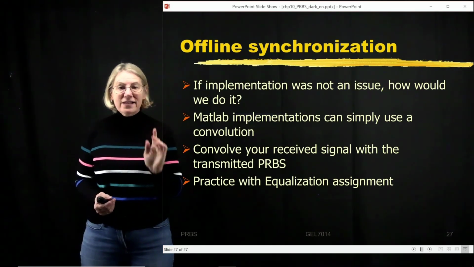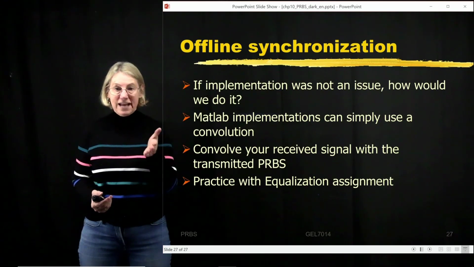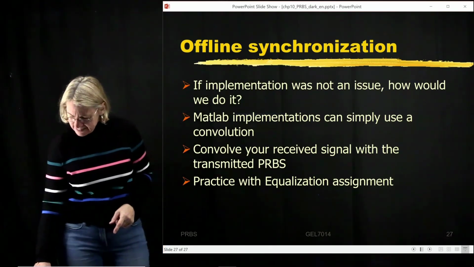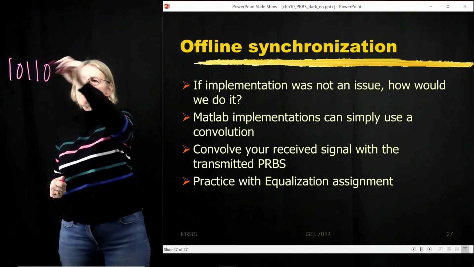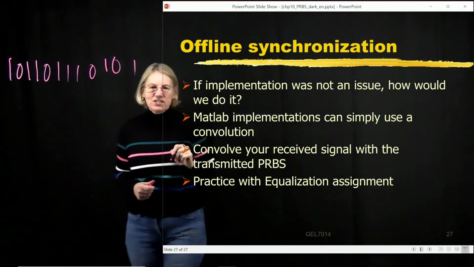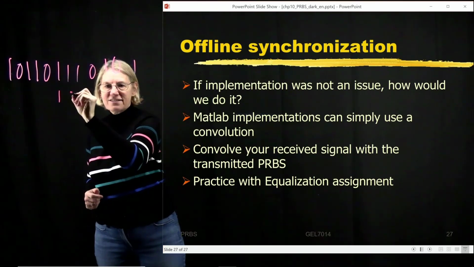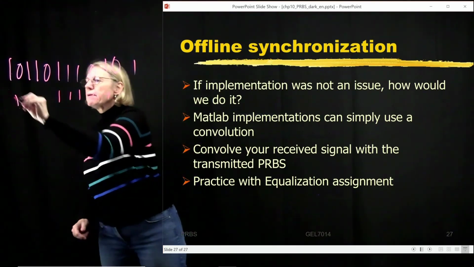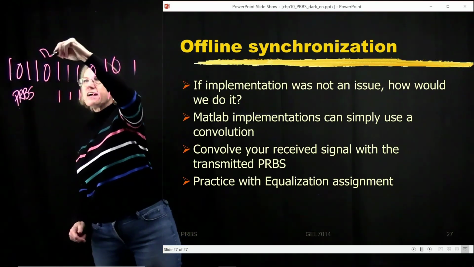So I want you to practice this with the equalization assignment. We'll be giving you the code that has it. This is how you count errors. If I send you a whole bunch of ones and zeros, which are a PRBS signal, you have to know where the beginning of my PRBS is, and I know what was sent. This is my received data.